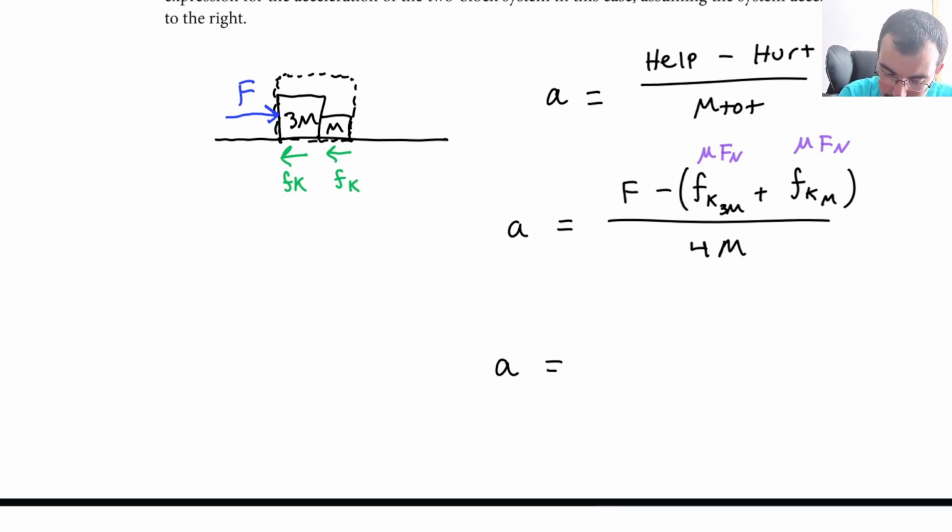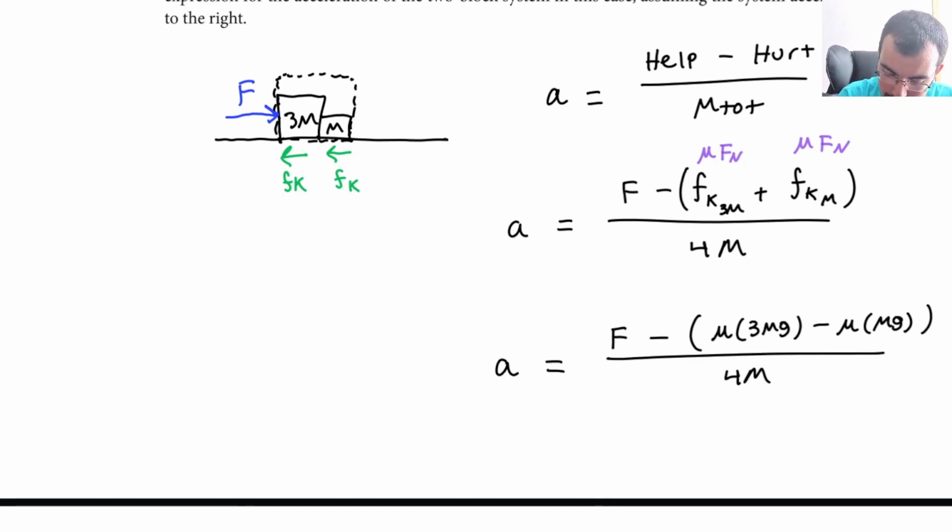So the acceleration would be F minus the quantity mu times 3mg plus mu times 1mg, divided by 4m, and this can be simplified to F minus 4 mu mg divided by 4m.